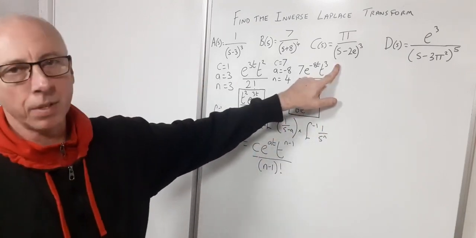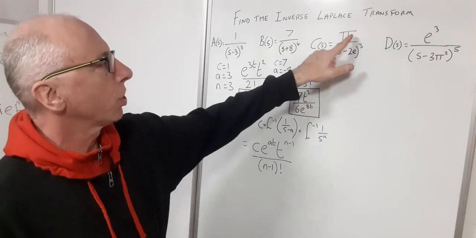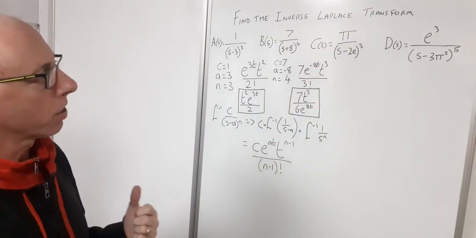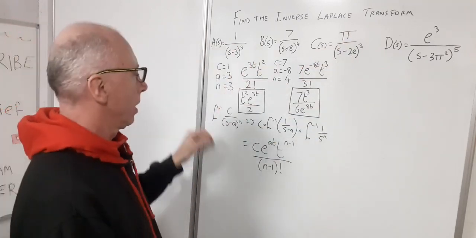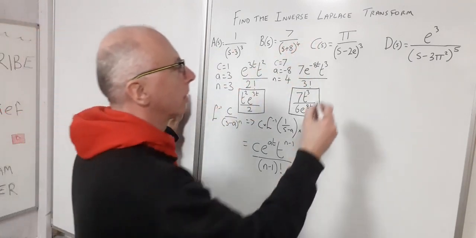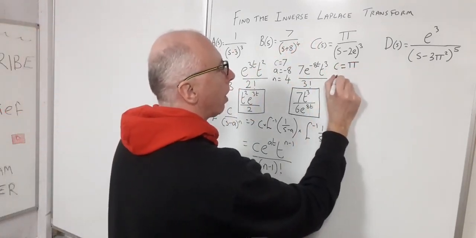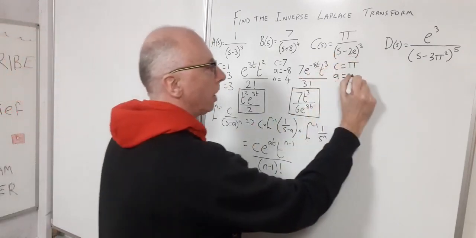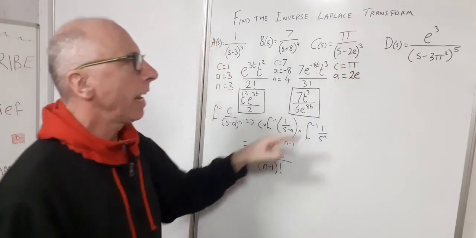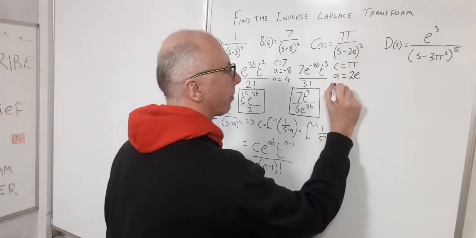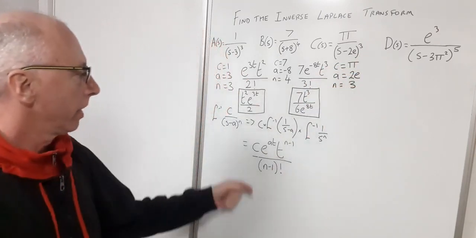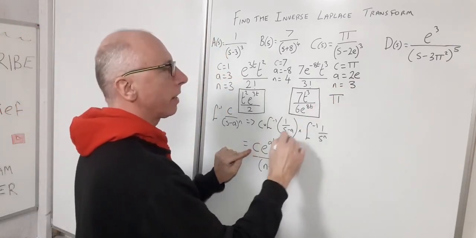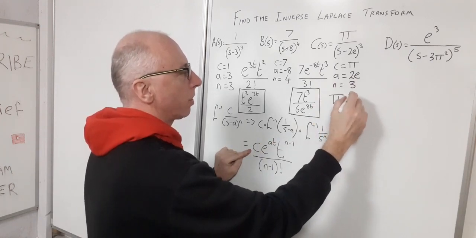Okay, now what about this one? Here we've got an introduction of pi and 2e. So this one is a slightly more challenging look than the first two. Here our constant c is pi. Our a, well, as it's a minus sign, our a is positive 2e. And n is this power here, which is 3. Okay, let's follow this result. So c is pi, e to the at is e to the 2et.